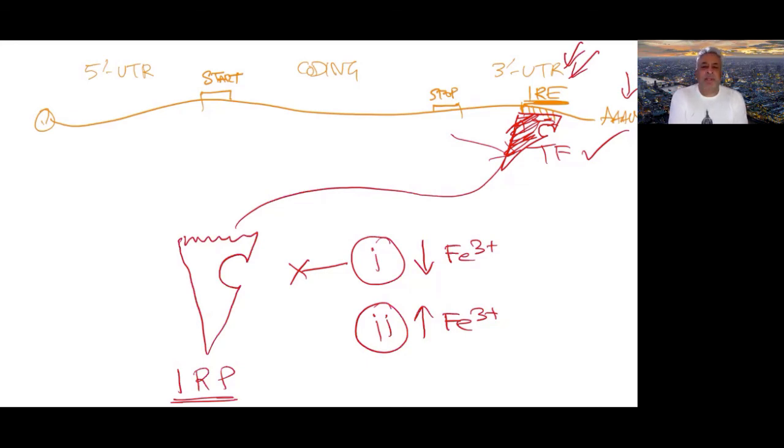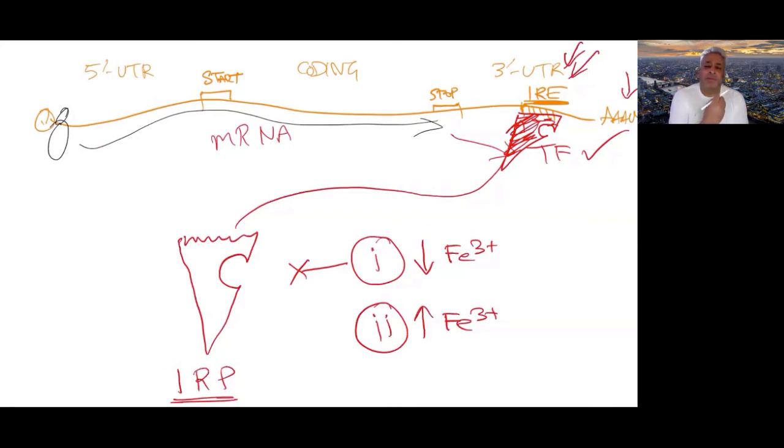That makes the messenger RNA available for longer inside the cell, and the ribosomes in this case will attach at the 5' end, and then they'll be free to translate this messenger RNA a number of times.